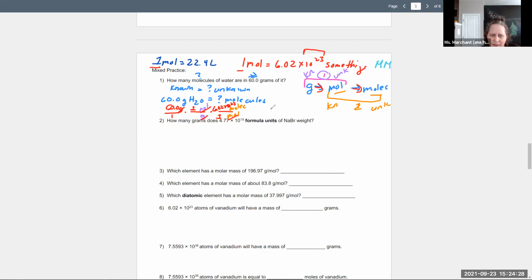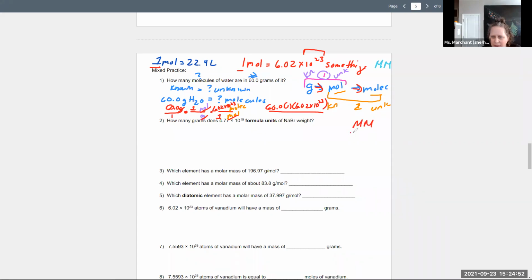Now let me rewrite that so we can see it a little bit better. 60.0 times 1 times 6.02 times 10 to the 23rd is what's left in the numerator. They're all connected by multiplication. And in the denominator, I don't have everything yet. I need to know the grams in 1 mole of water. That's molar mass.